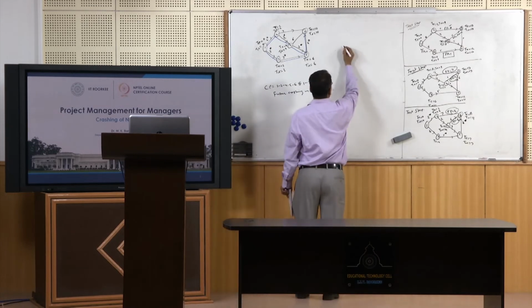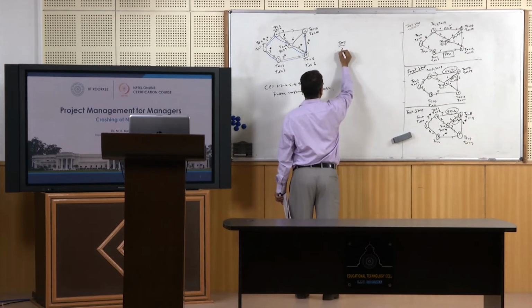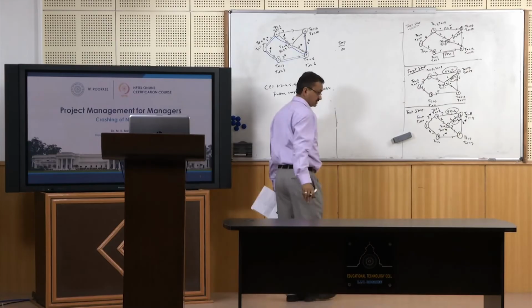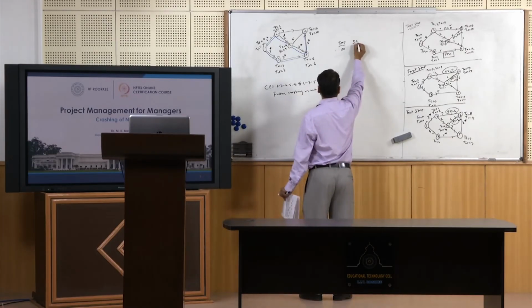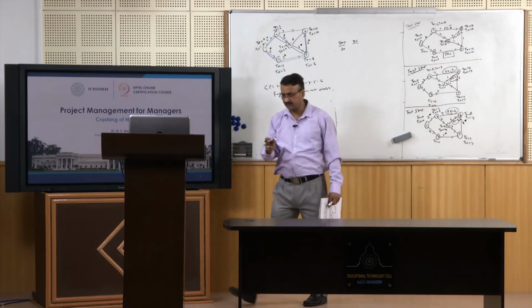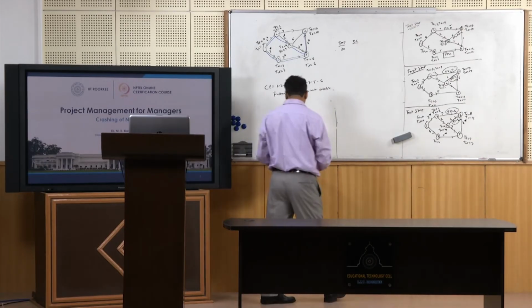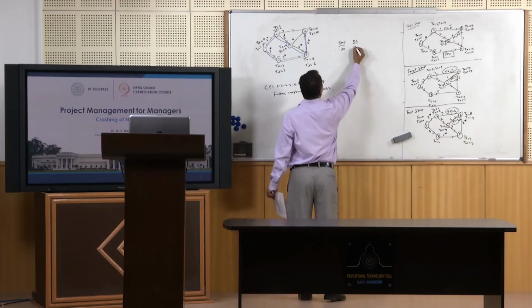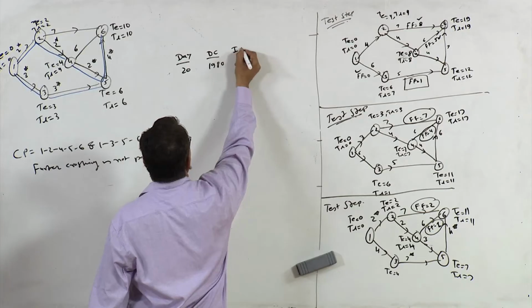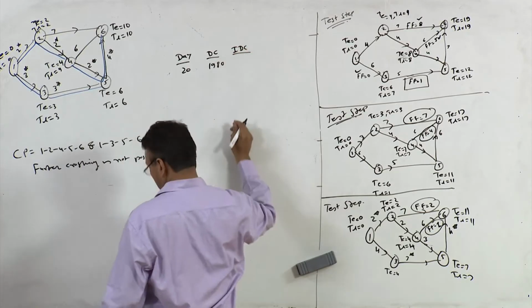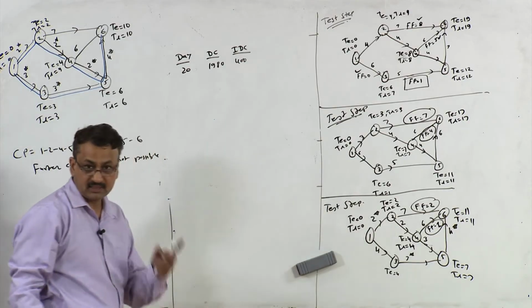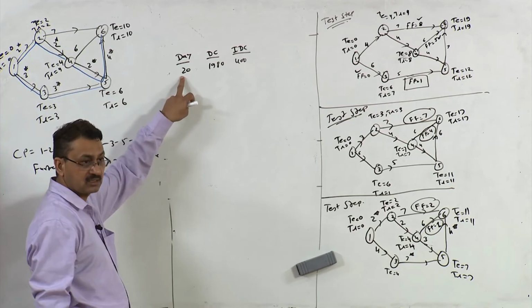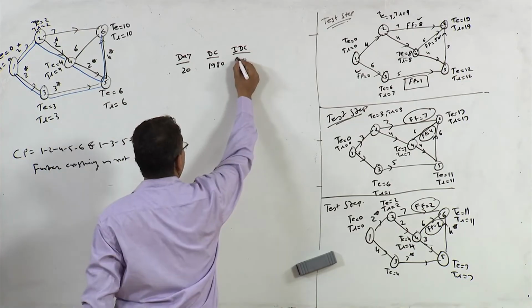Initially you had 20 days was the answer. Then at that time direct cost was 1980, right? It's given in this table, right? So 1980. Indirect cost was 800. Why 800? Because indirect cost is 40 rupees per day. So this is 800, right?